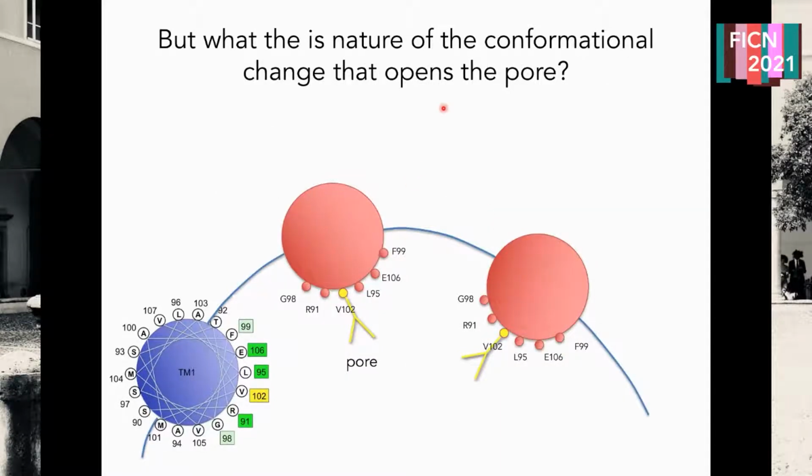Okay, so back to the question of how this valine works potentially. If this is a part of the gate, how would it actually work in opening and closing the pore? If you look at a cartoon, a top-down view of each of the subunits, and you look at where the pore lining residues are, the valine is actually located right in the middle of this pore exposed surface.